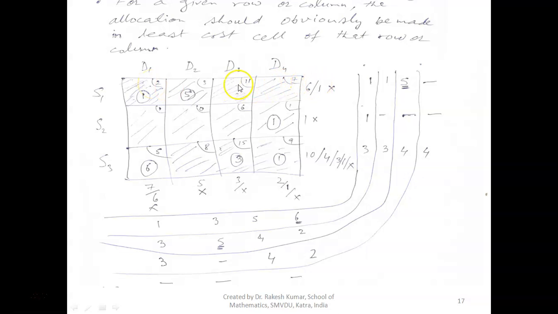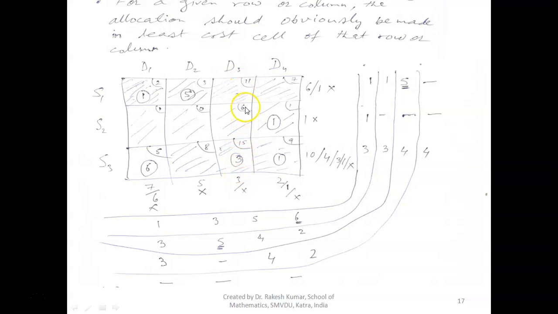If I select this first row for the transportation, I am facing a penalty of the difference, 3 minus 2, that is 1 unit. I have to pay 1 more per unit for transportation. Understood? Similarly, I can go for any column.